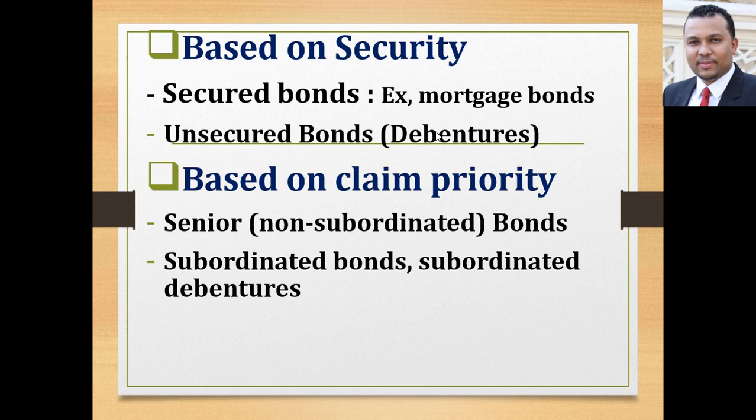Say corporate A has good creditworthiness in the market. This is the only collateral for the bondholder. We talk about the creditworthiness of the issuer. Debentures have lower priority than secured bonds if the firm defaults.